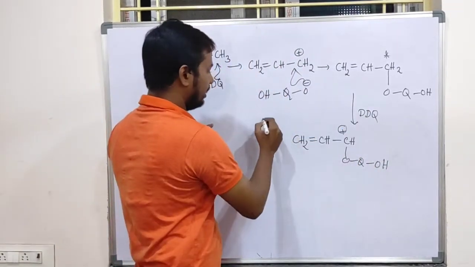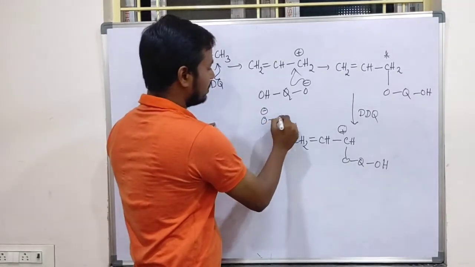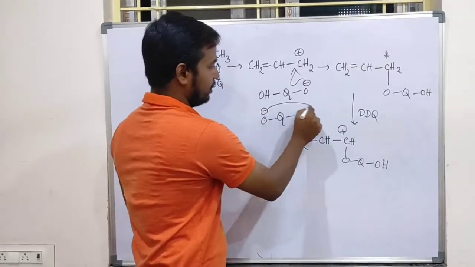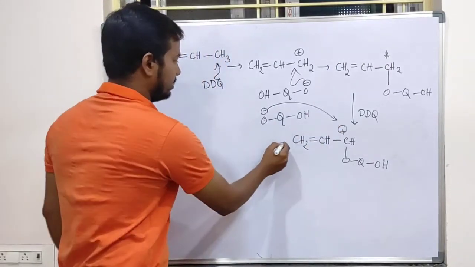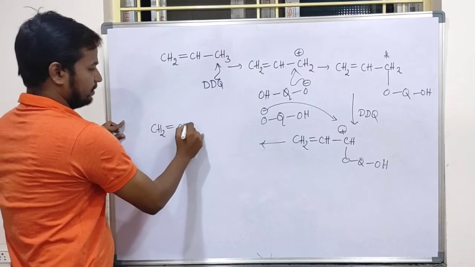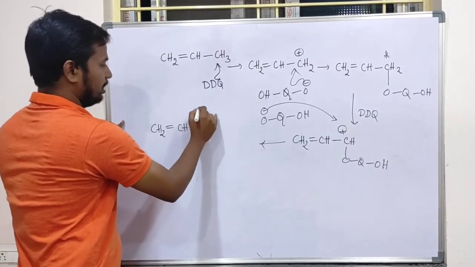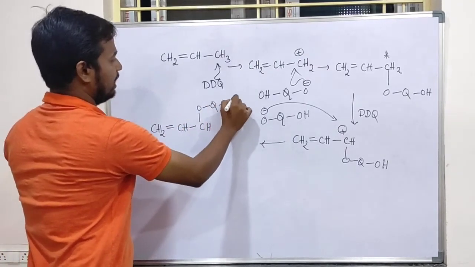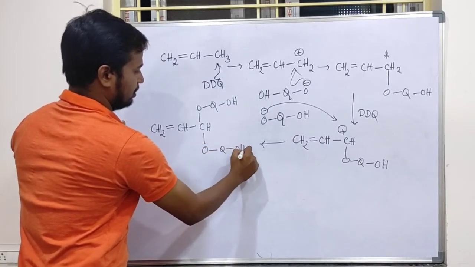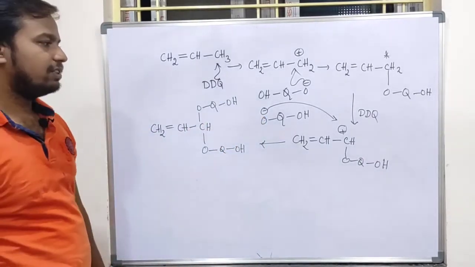We have used another equivalent, so we will be getting O- again QOH. This will react here, this carbocation, and result in the formation of CHOQOH. Here also OQOH. So this type of species is formed.